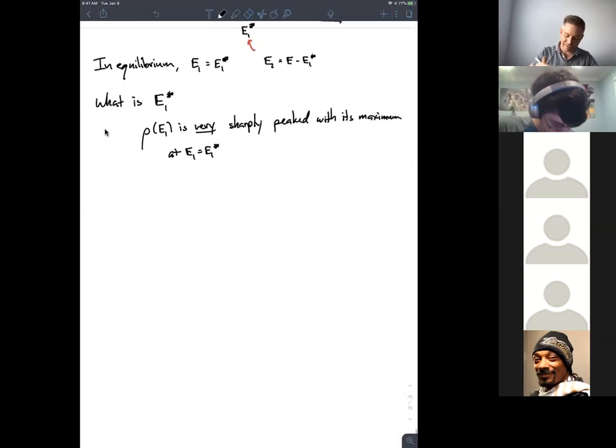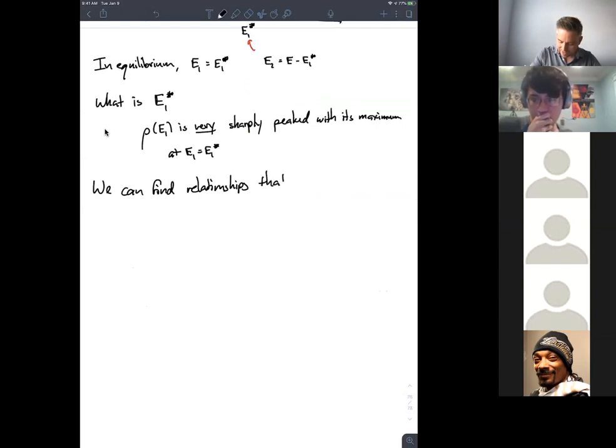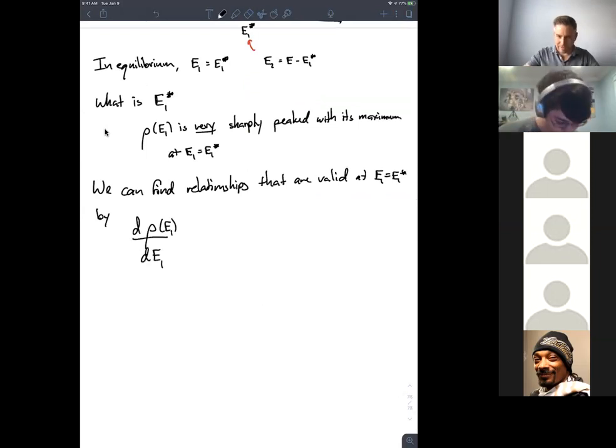We can find relationships that are valid at E1 equals E1 star by taking this probability density function, differentiating with respect to E1, and setting it equal to 0.